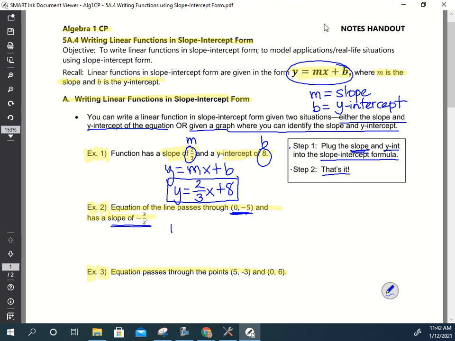So we're still using y equals mx plus b. The slope part is easy. They told you that the slope is -3/2. What letter represents the slope? The m or the b? It's m. So we know what's going in for m: -3/2.